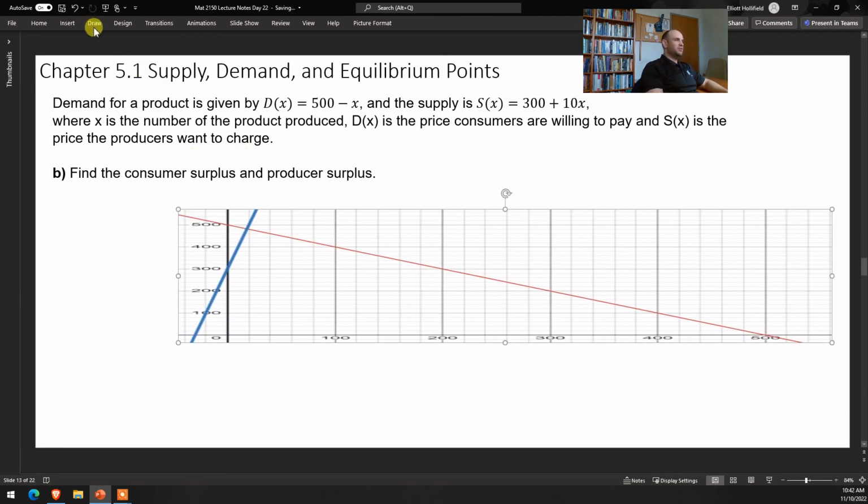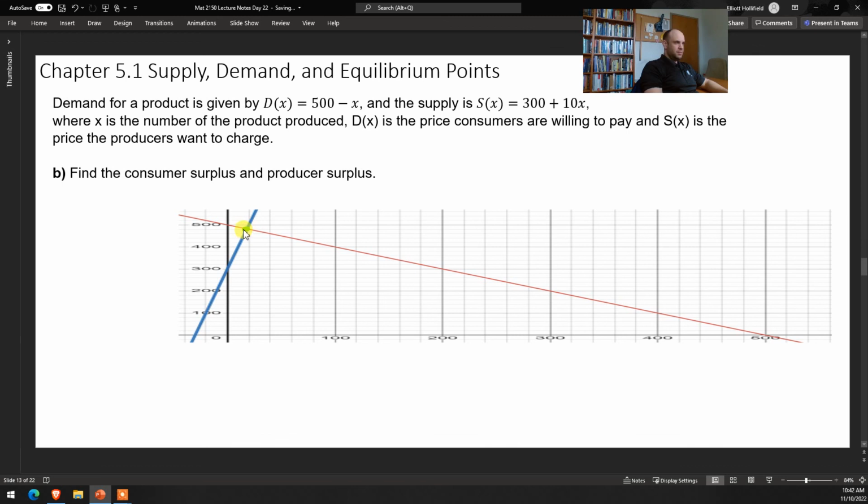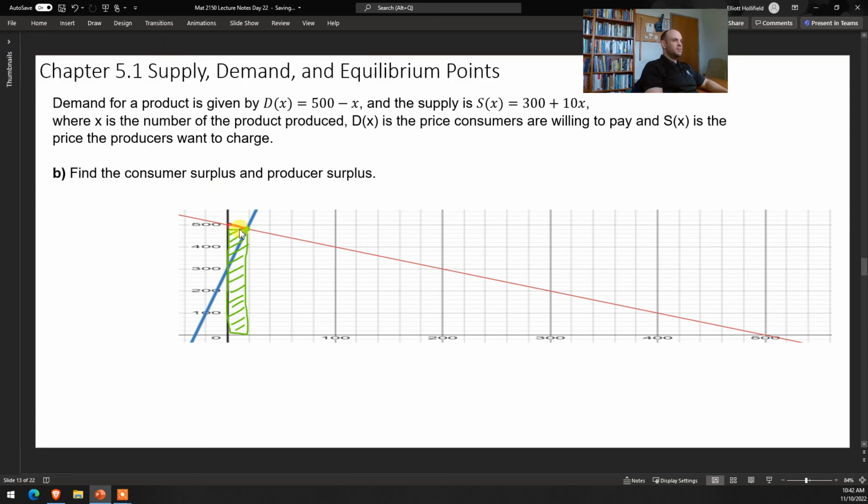Now let's draw the rectangle that corresponds to the equilibrium point. The consumer surplus is given by this additional area, which falls under the demand curve, but above our rectangle here.